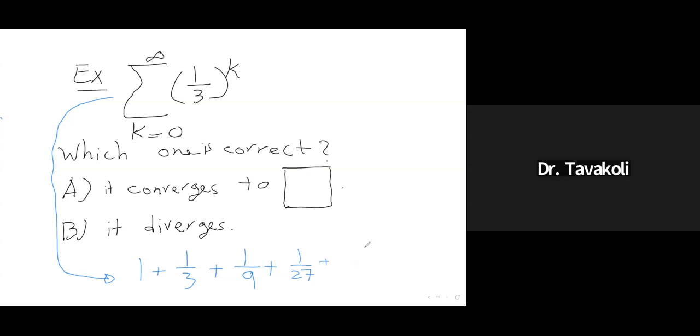So on and so forth. The common ratio is 1/3. R is 1/3. And you know that 1/3 is between -1 and 1. So this tells us that it is convergent. So A is the correct answer.